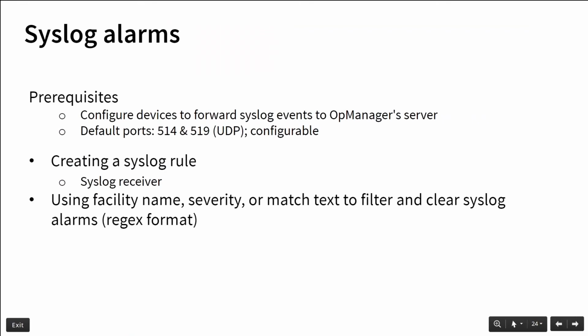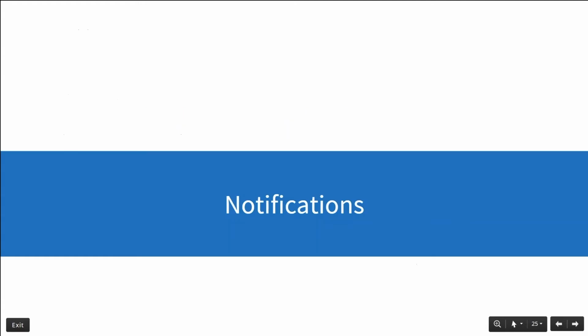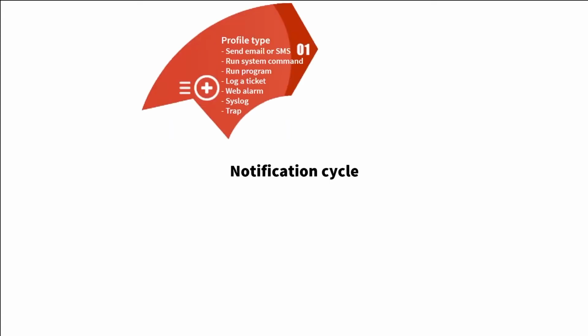So this is what we saw right now, and let's move on to the next section, notifications. So let me briefly talk about the notification cycle. In the first stage, you have to select what type of notification profile you want to create, whether it is an email or SMS profile, or run a program, or log a ticket, or web alarm profile.